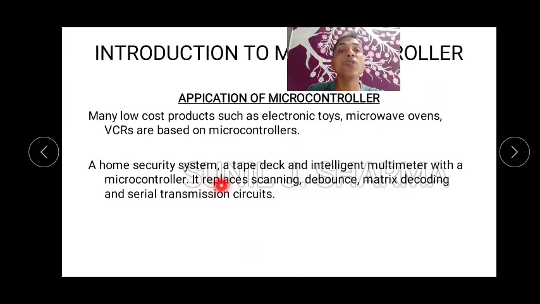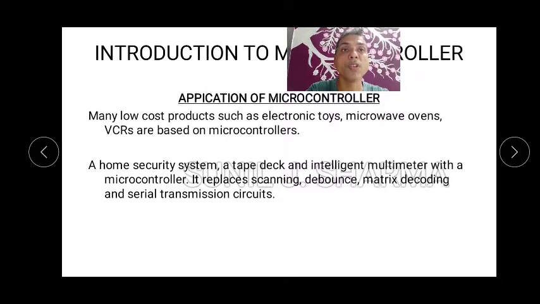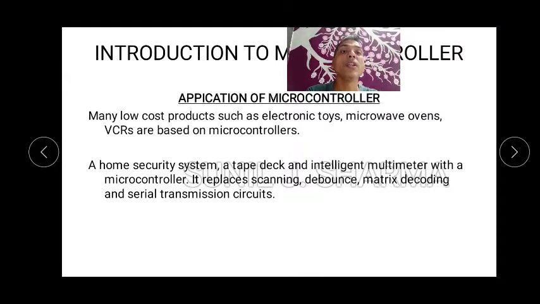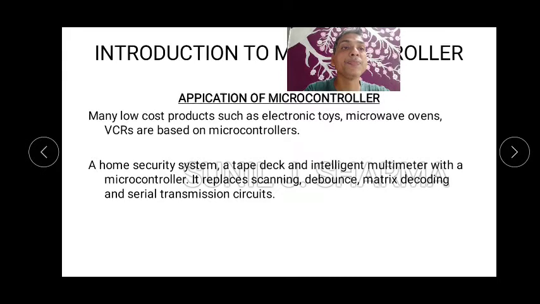It is also used in your keyboards, where it replaces scanning, debounce, matrix decoding, and serial transmission circuits. So whichever keyboards we use in our computers, there also we use microcontrollers. I think this comes for 3 to 4 marks.